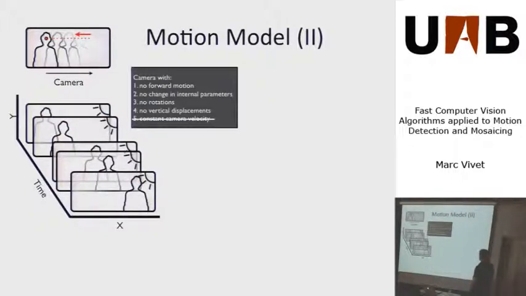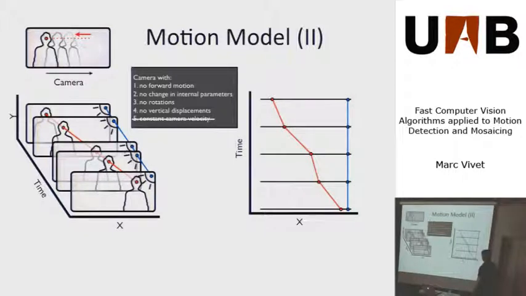Now imagine that we remove one of these constraints, the constant velocity of the camera. If we again track different regions in the scene, we will see that the lines are no longer straight. If we try to make this line straight using the previous methods that we have proposed, maybe we will be able to make the red line straight, but then the blue line won't be straight.